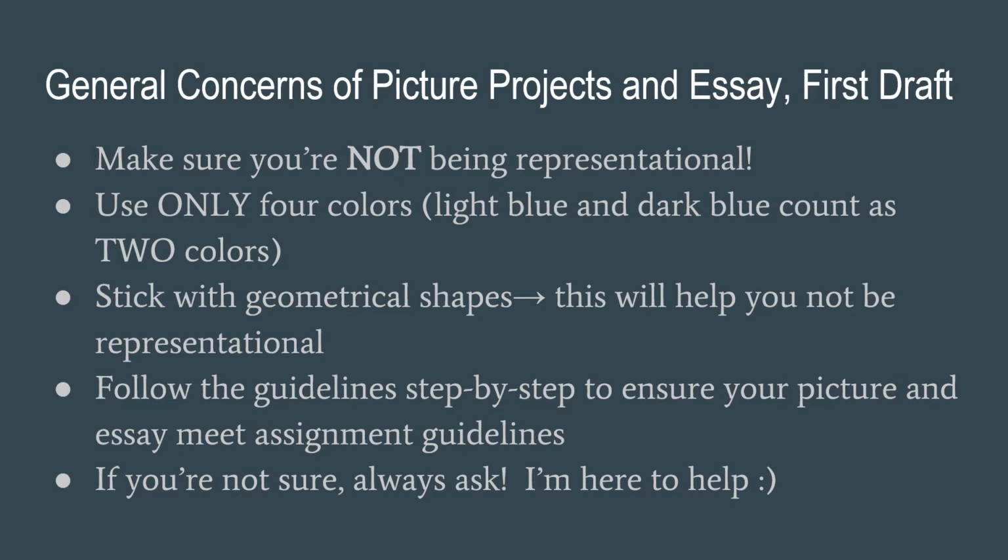So the first one is to make sure that you're not being representational. Make sure that you really are using geometric shapes, a triangle, a circle, that type of thing, rather than trying to make a character look like an actual character, okay? That's not the purpose of this assignment. The purpose of this assignment is to use those geometric shapes in a way that gives the impression that this is what is happening in the picture.